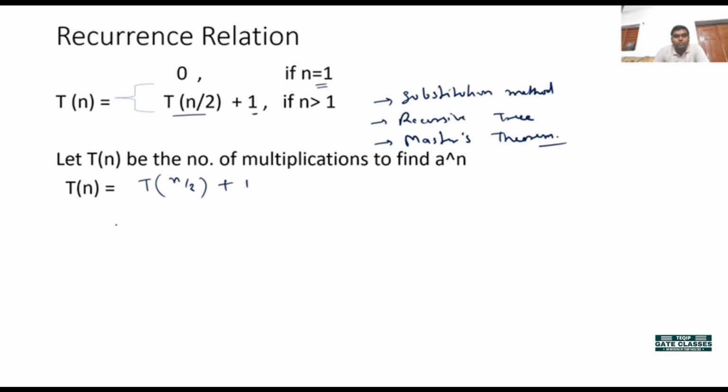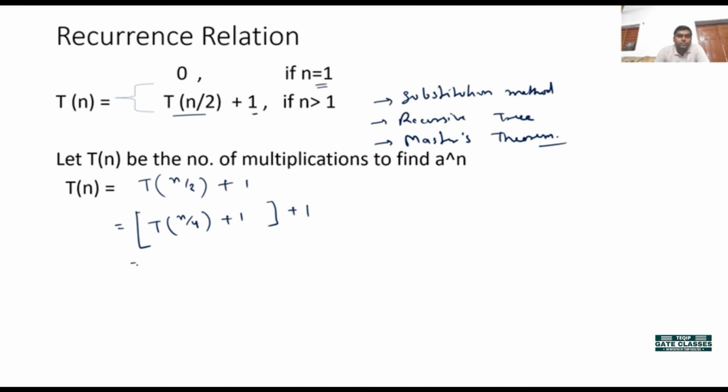So what is the strategy? T of n by 2. If you replace T of n by 2 here, what will be the answer? This is like this, plus 1 is as it is. So if you place it in place of n by 2, this will give you T of n by 4 and plus 1 already there.